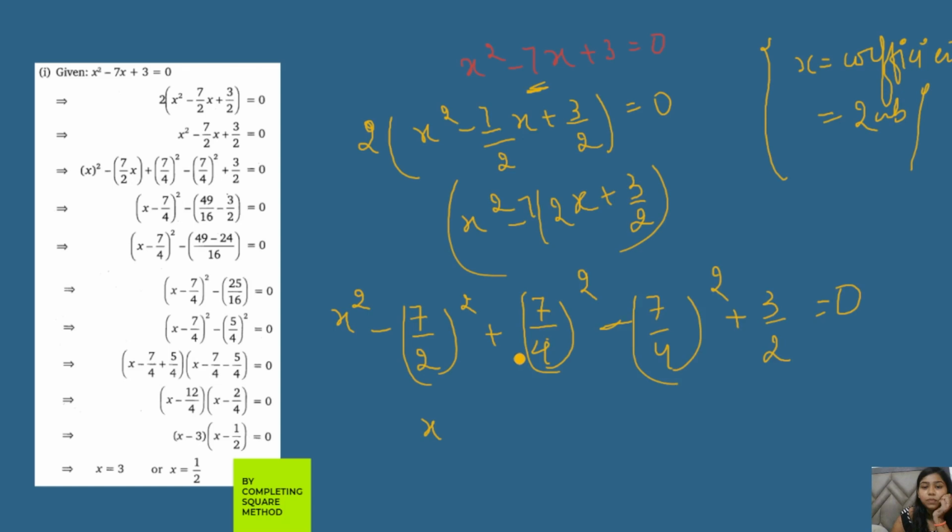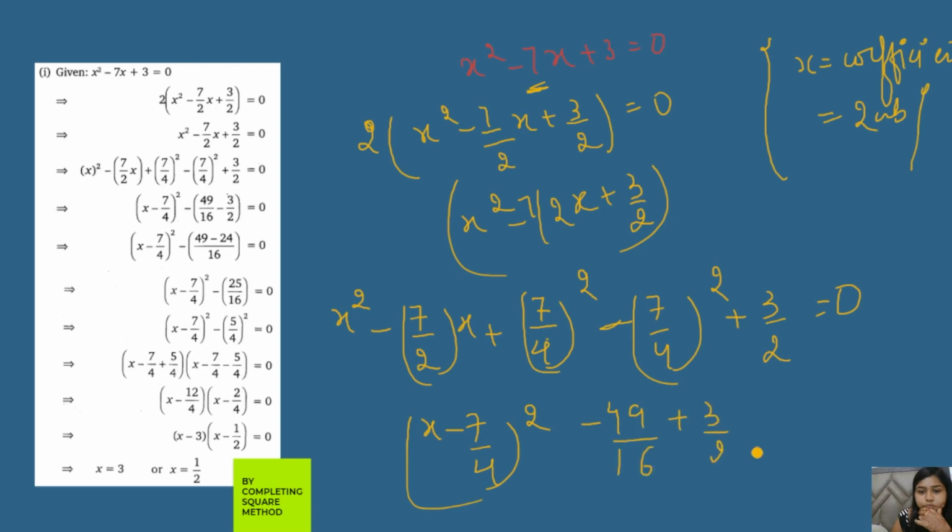Okay, so I'm sorry, this is 7 by 2x. So what we'll be getting is x minus 7 by 4 whole square, and here we are getting minus 49 by 16 plus 3 by 2.